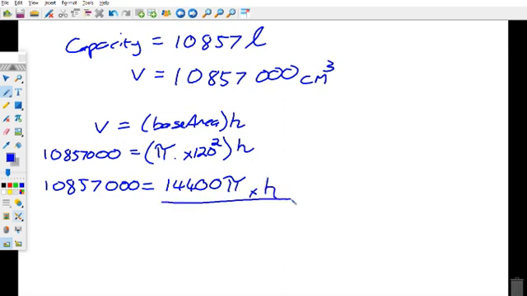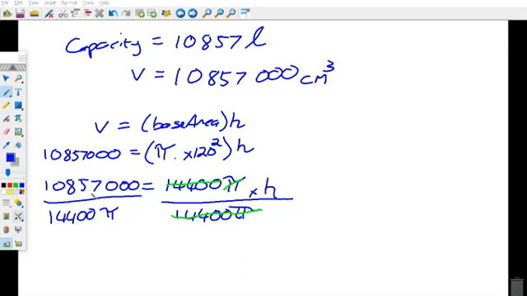So we can divide both sides by 14400 pi. This pi over here is going to cancel with that pi, and this 14,400 is going to cancel with that 14,400, and we're just left with h on the right hand side.